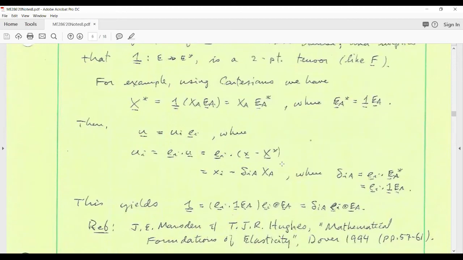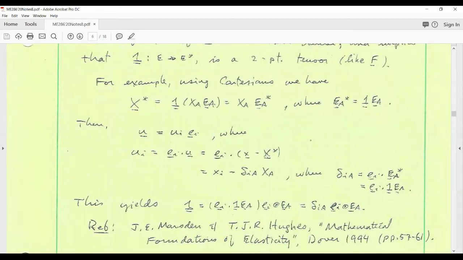Okay. So not only are sums and differences only defined for elements of the same vector space, but also, in fact, dot products have a similar requirement. It only makes sense to take the dot product of two vectors if they belong to the same vector space. So EI dot x is our usual Cartesian small xi.